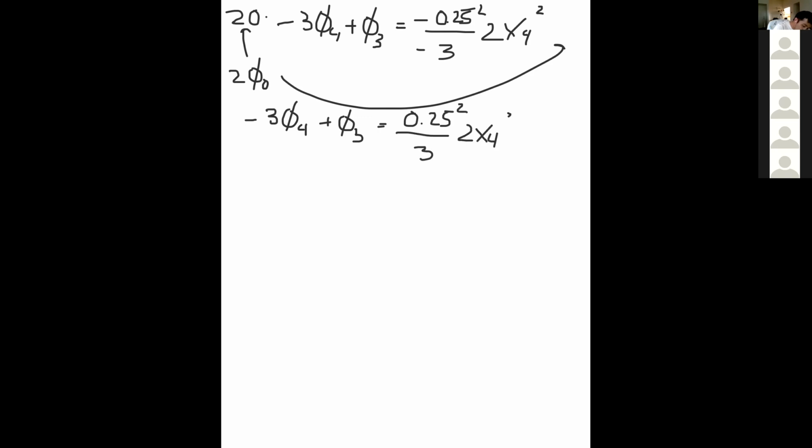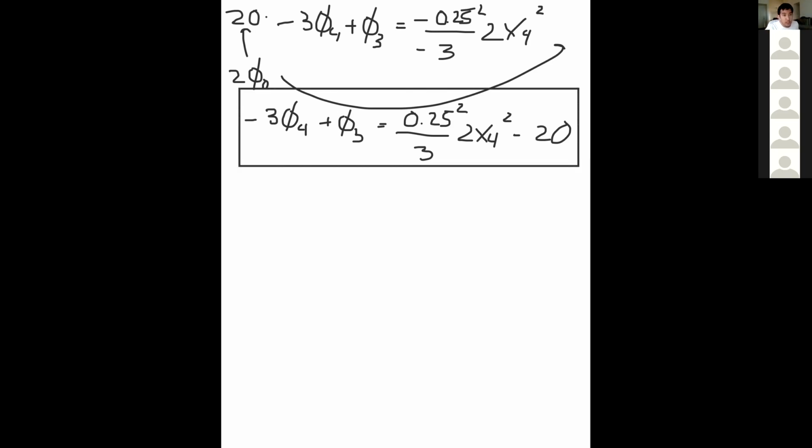Since this is known, let's move this over to the right-hand side. In the end, we get minus phi 4 plus phi 3 is equal to 0.25 squared all over 3, 2x4 squared minus 20. And this right here is our fourth equation.